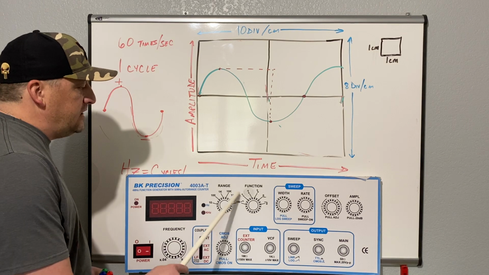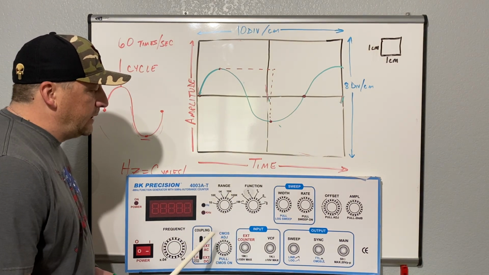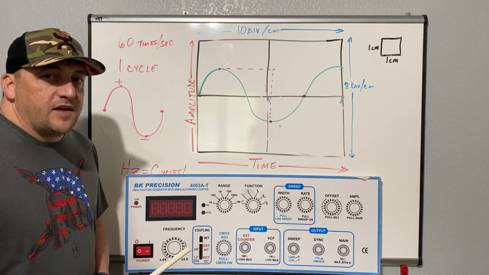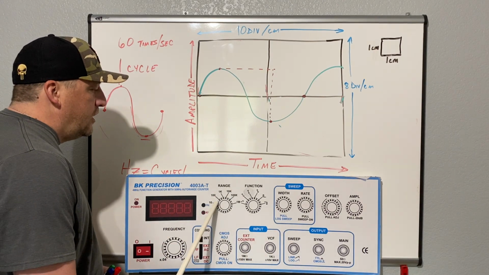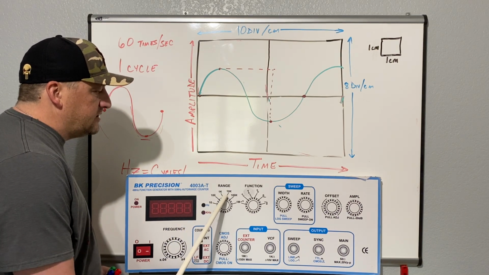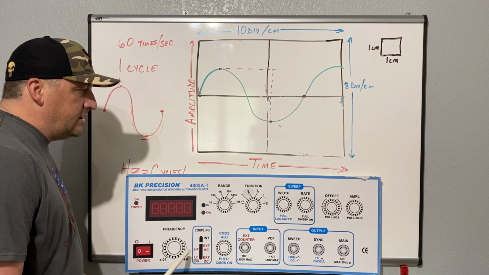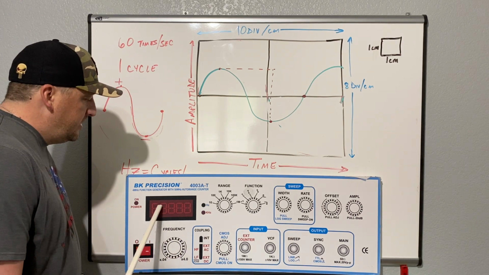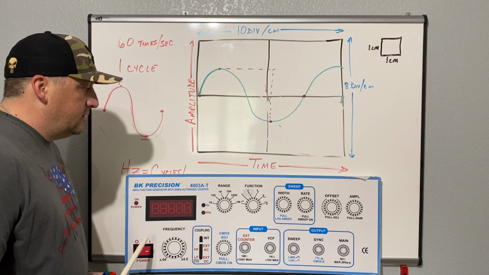This range here, each one of these adjustment points is the top end of that range. So if we want 3 kilohertz, we'll have to adjust that range to 10, and then we'll use our frequency knob down here to adjust that to 3,000 or 3 kilohertz.